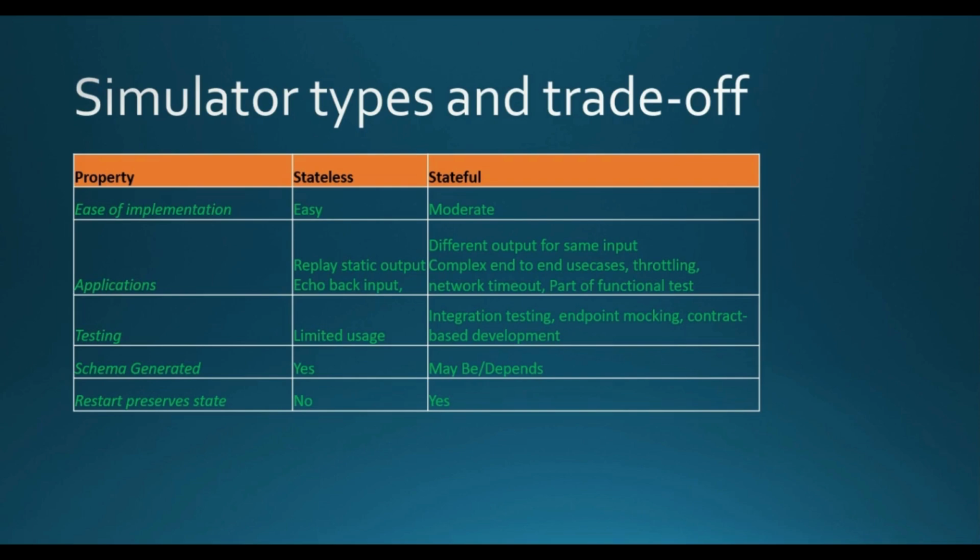If the payment gateway is not in your control, you can replace it with a simulator and then post to the billing system, which is in your control. These are the typical applications during testing. Stateless, I felt, based on experience, has limited usage, versus stateful, which has widespread need and demand.